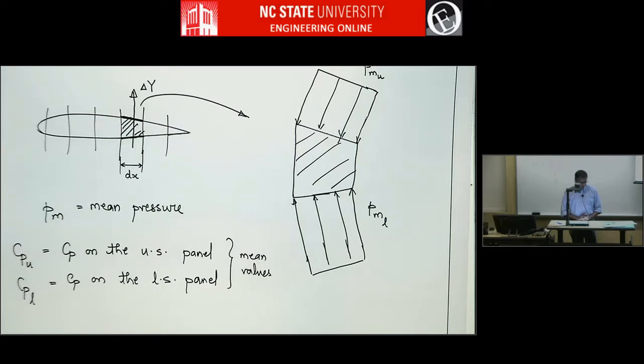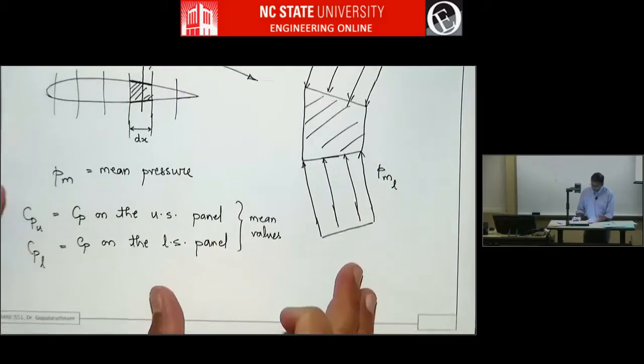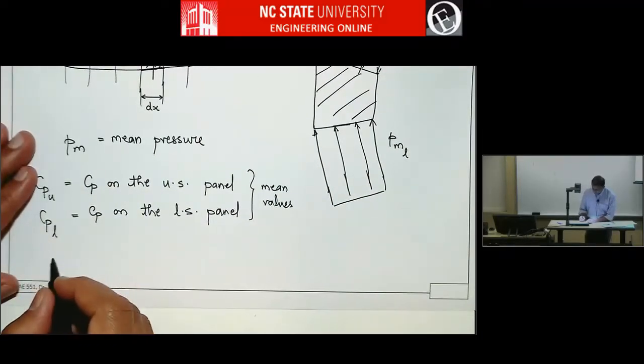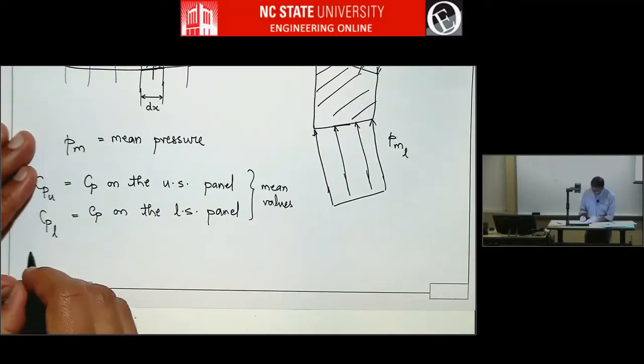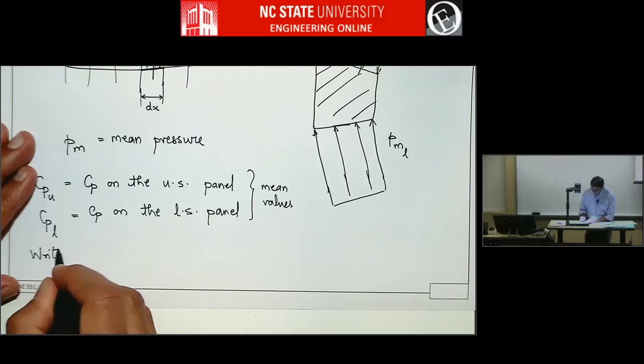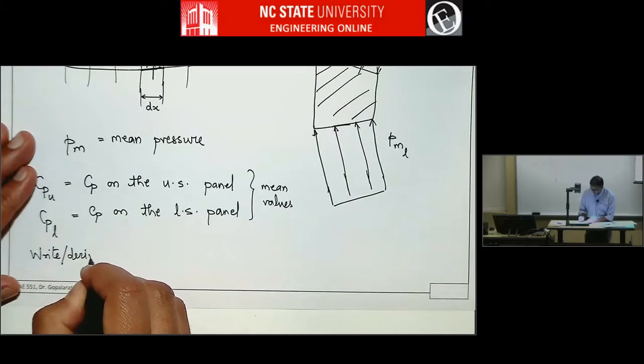So I'm going to give you folks a little exercise just to sort of get used to all these things. So what I want you to do is write expressions, and do this now. Write, or you can derive it, whatever.